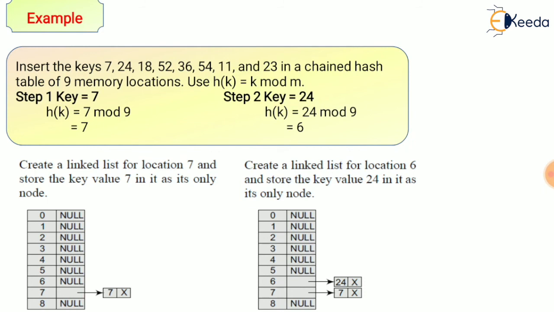Now insert the keys 7, 24, 18, 52, 36, 54, 11 and 23 in a chained hash table of 9 memory locations.